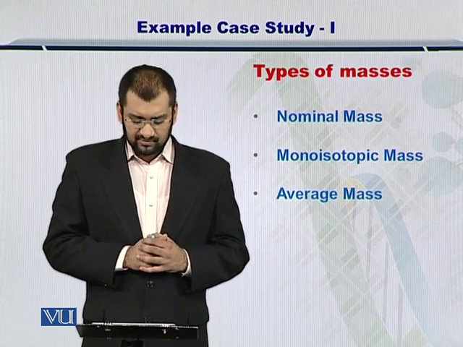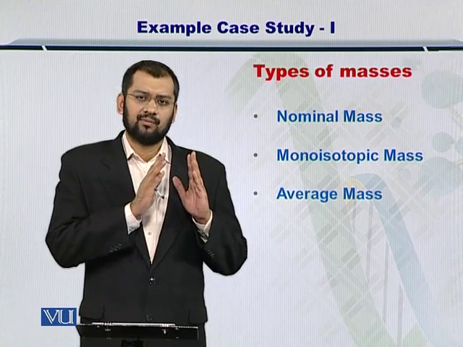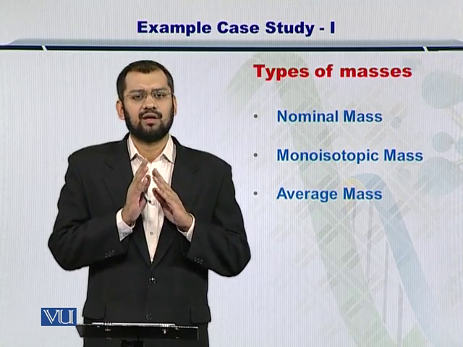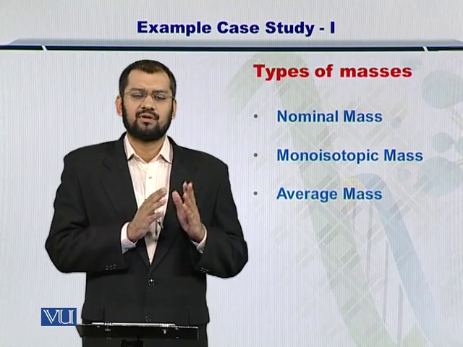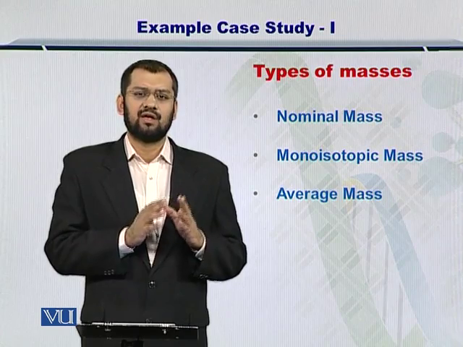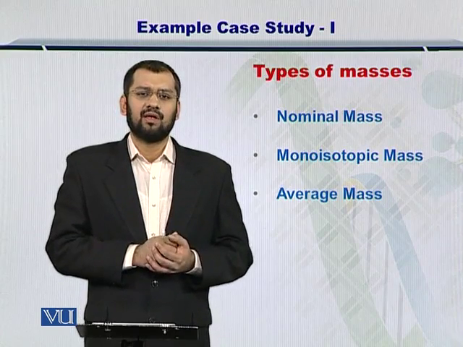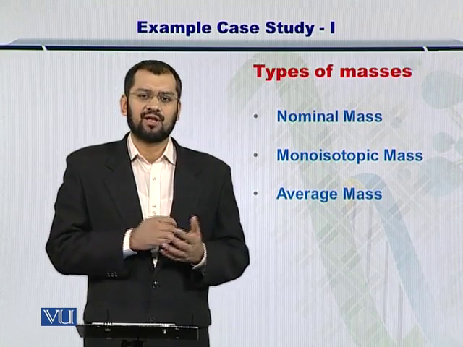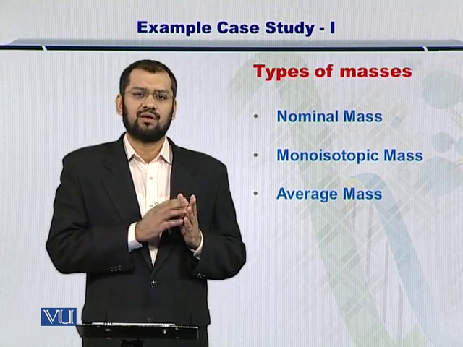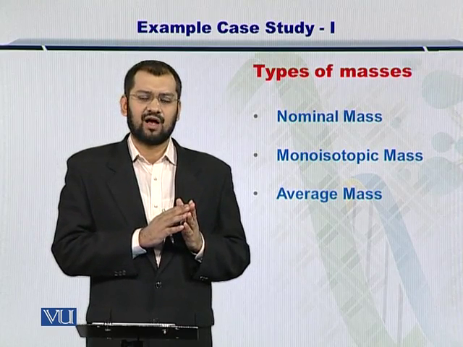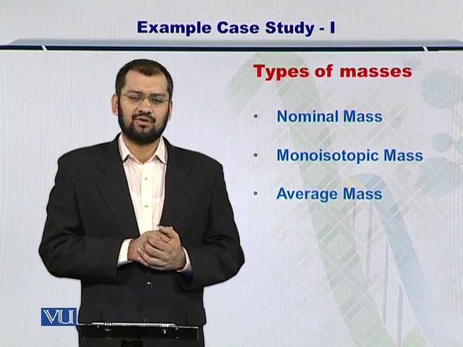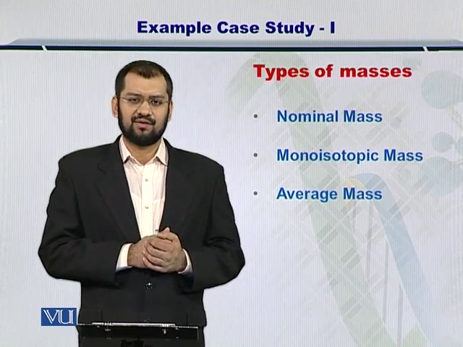The average mass is the molecular weight of an isotope multiplied by its abundance plus the molecular weight of the second isotope multiplied by its abundance, divided by 2. So if there are three different isotopes for an element, you will multiply each molecular weight by the abundance of that specific isotope, sum them all up and divide by 3. So this is called the average mass.